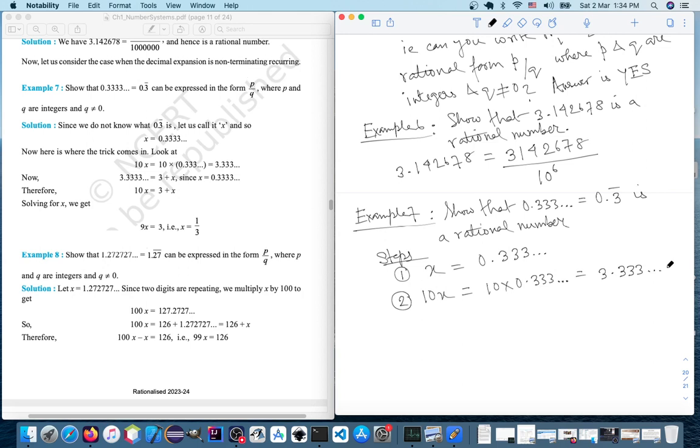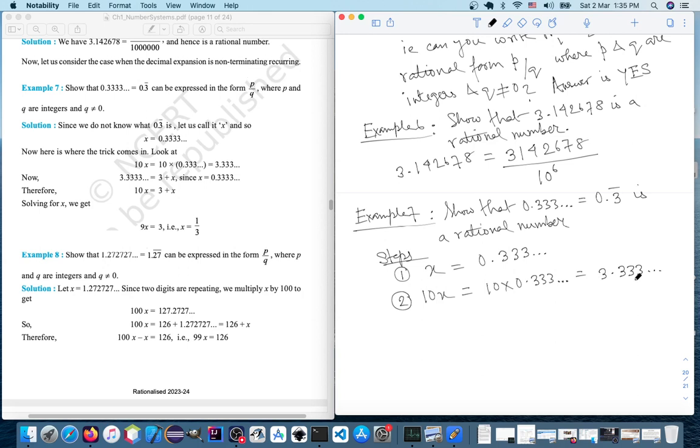Now we will subtract equation 1 from equation 2. In step 2 we got 10x equals 3.333.